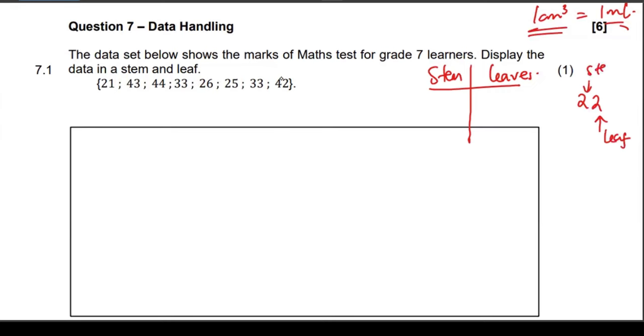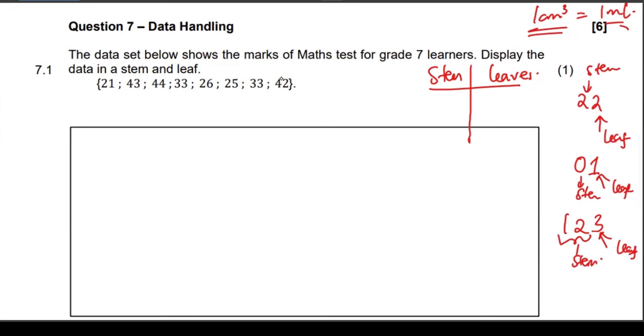This is the stem. If you have just 1 digit like 1, we always add a 0 there. So that 1 becomes the leaf and then 0 becomes the stem. If you have 3 digits, 1, 2, 3, the last digit will be the leaf and the first 2 numbers will become the stem.